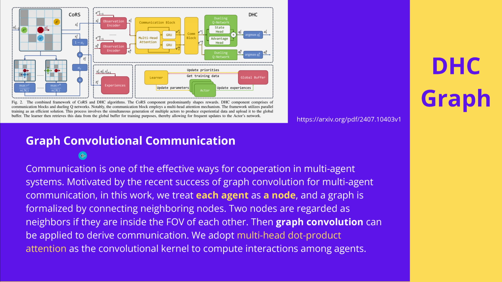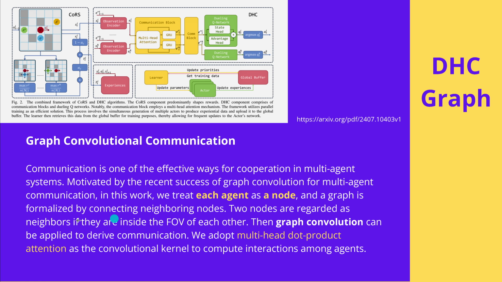So communication is one of the ways for cooperation in our multi-agent system. And 4 or 5 years ago, we had the first publication on this topic. So motivated at the time, we had graph convolution as the latest hot topic for multi-agent communication. And in the work from 2021, they treated each agent as a node.